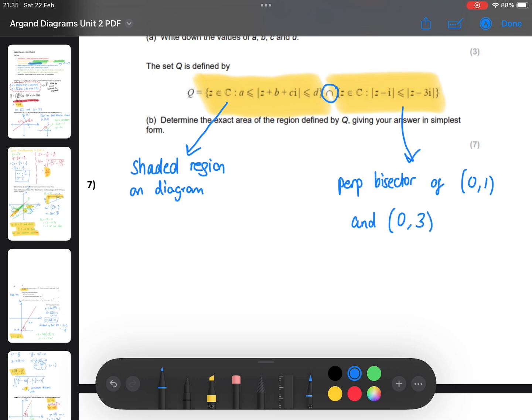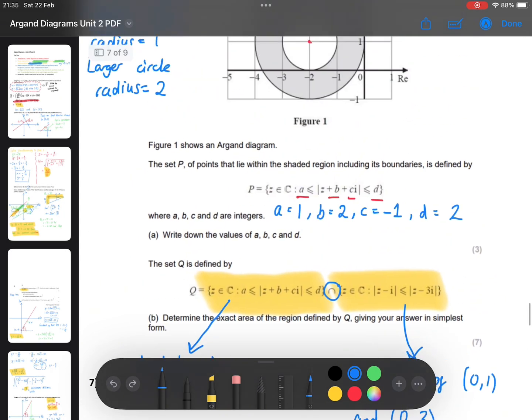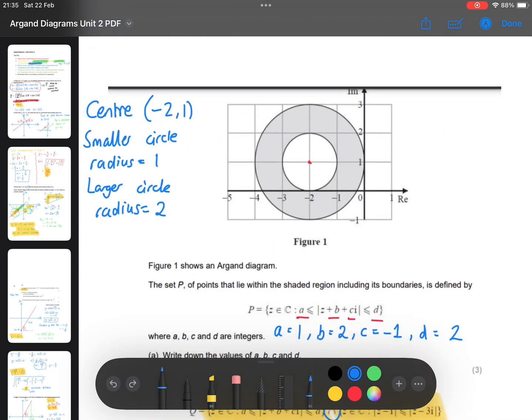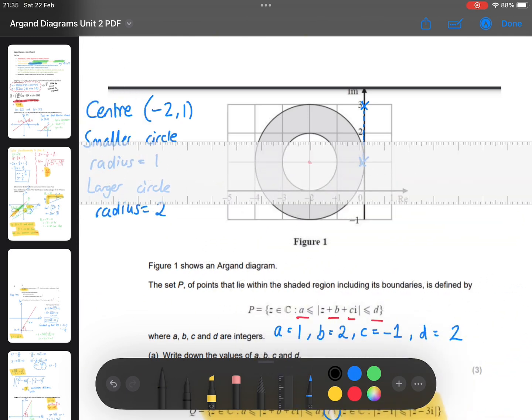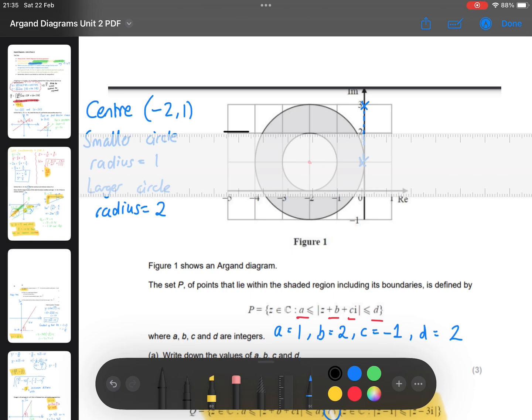And the midpoint of those is 0, 2, and the gradient is, well, it's quite clear that even without this, we have the perpendicular bisector of this point and this point. So the line joining them up is going to be here, and therefore if we want the perpendicular bisector, it's going to be right across there going through 2. So literally just there.